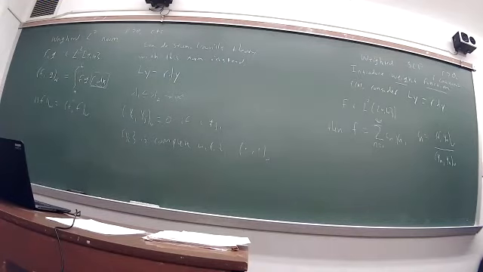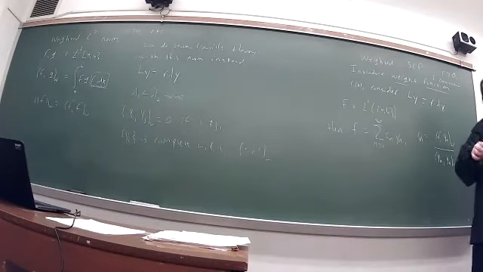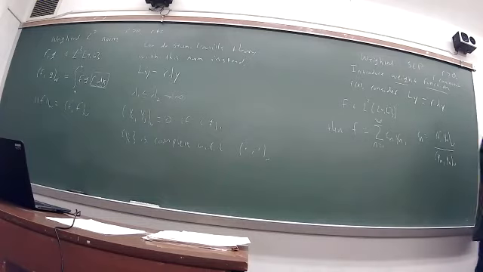It depends on the setup of the problem. If you've got a problem satisfying certain boundary conditions, then you're looking at the vector space of functions that satisfy those boundary conditions, and this formula will always be true.